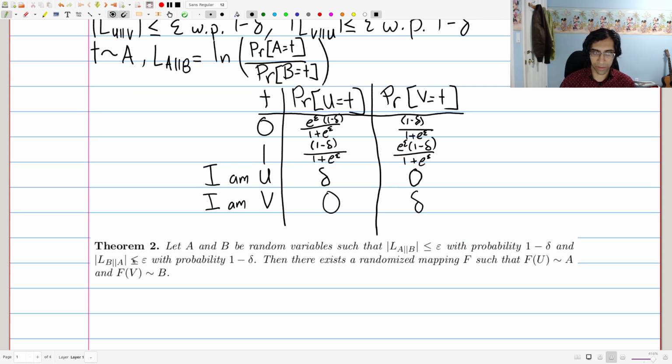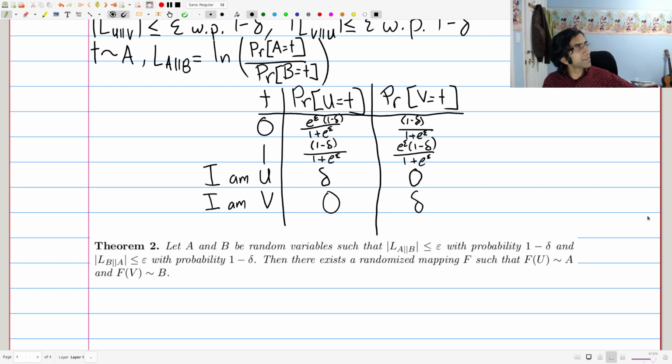The absolute value is bounded above by epsilon with probability 1 minus delta. Then there exists a randomized mapping f such that this mapping, when applied to u, will be a sample from A, and a sample from V fed into this function will give you B.